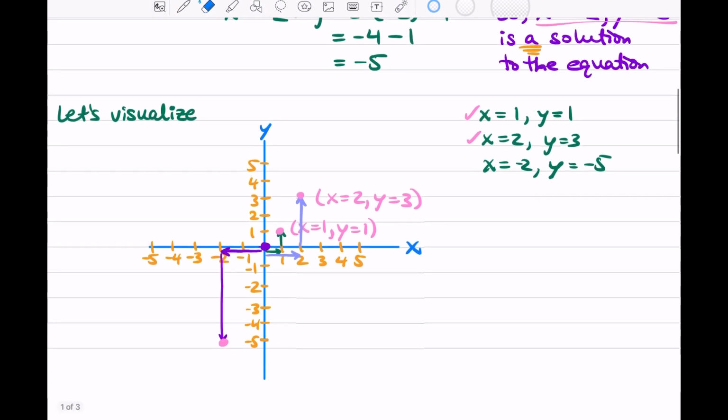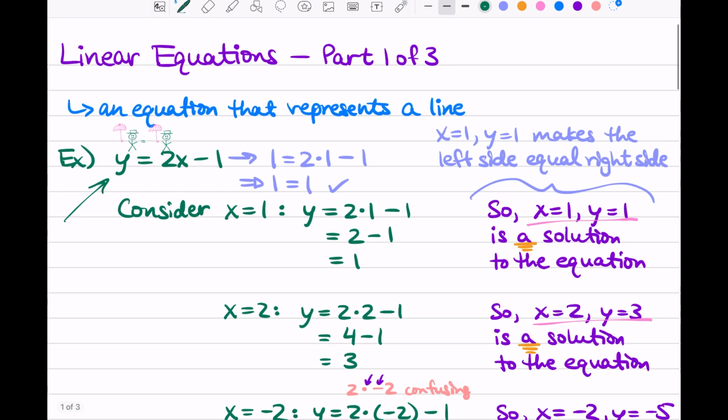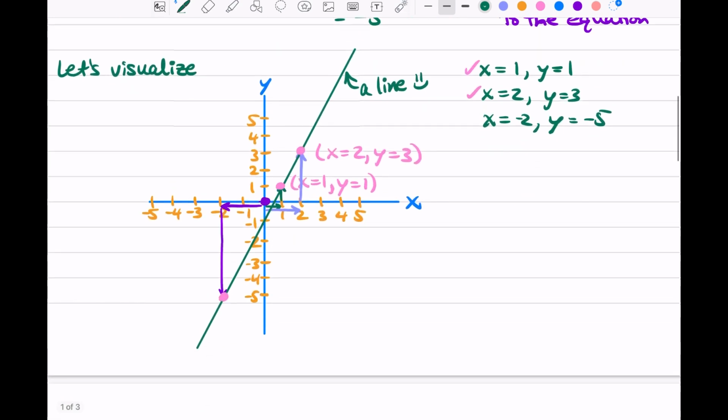And if you notice, all of these three solutions fall on a line. There you go. And that is the point of a linear equation. We are forming a line. Remember, we said a linear equation is an equation that represents a line. And we have formed a line.